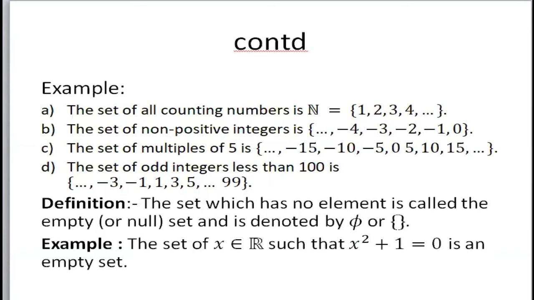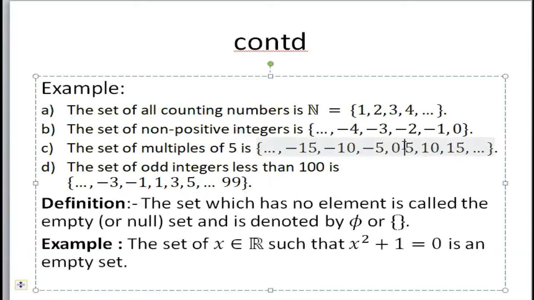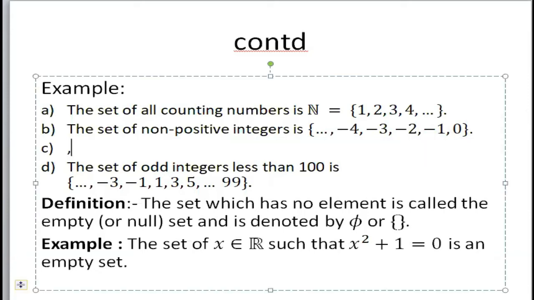So we have 0, comma, 5, comma, 10, 15, then dots go to the right.